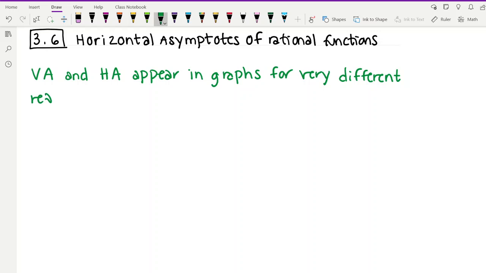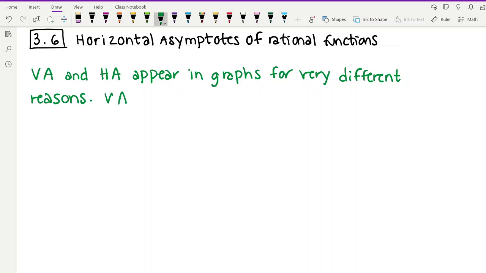So in the last video, we talked about vertical asymptotes, and we saw that vertical asymptotes appear when a function is undefined, right? And then we saw that sometimes there are holes instead of vertical asymptotes, but the important general fact is that a vertical asymptote is only going to happen at an x value if the function is undefined at that x value, right?